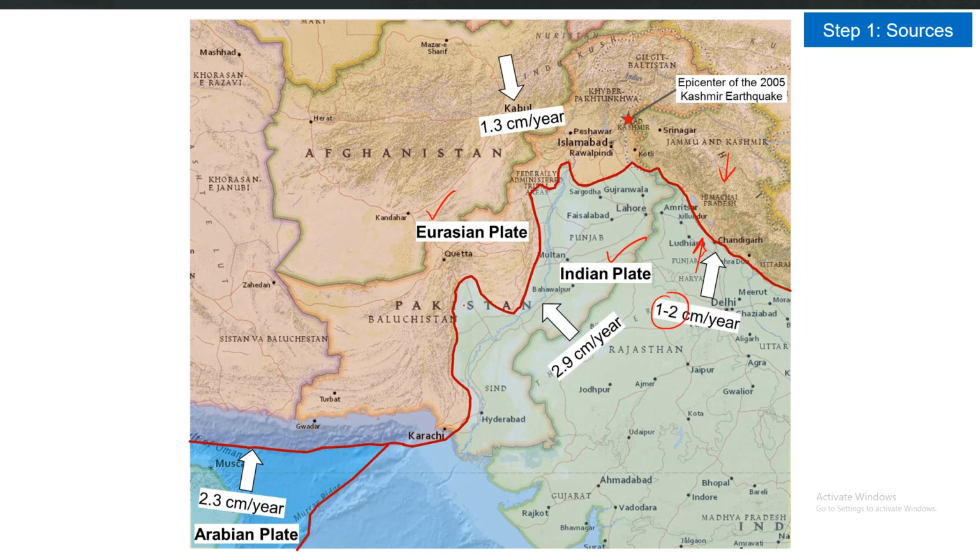Similarly, here also we have a relative movement with different rates of movement between the Eurasian and Indian plates towards the south also. Here, towards the further south, we have the Arabian plate, which is subducting under the Eurasian plate. So this subduction has resulted in the formation of this whole area.